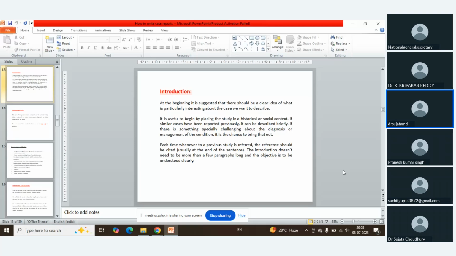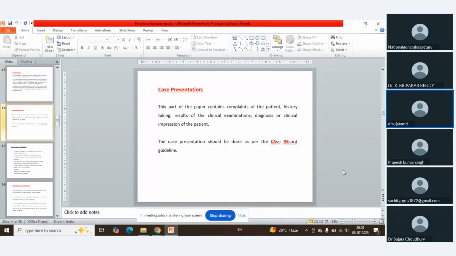The introduction does not need to be more than a few paragraphs. We do not have to describe everything in it; keep it short, in a few paragraphs, including all these aspects.